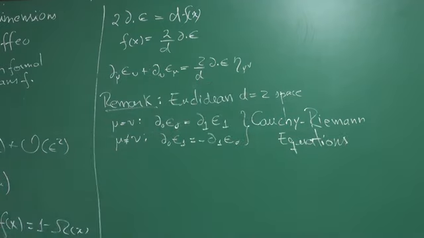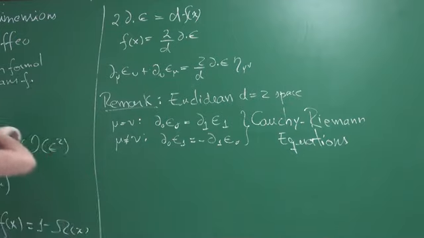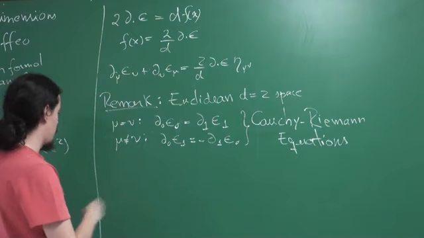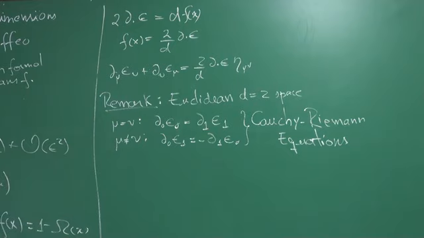So this is the reason why two-dimensional conformal field theory is much more special than higher dimensional conformal field theory, because this will imply that any complex, any holomorphic, or whatever you wish, transformation will generate a conformal transformation.